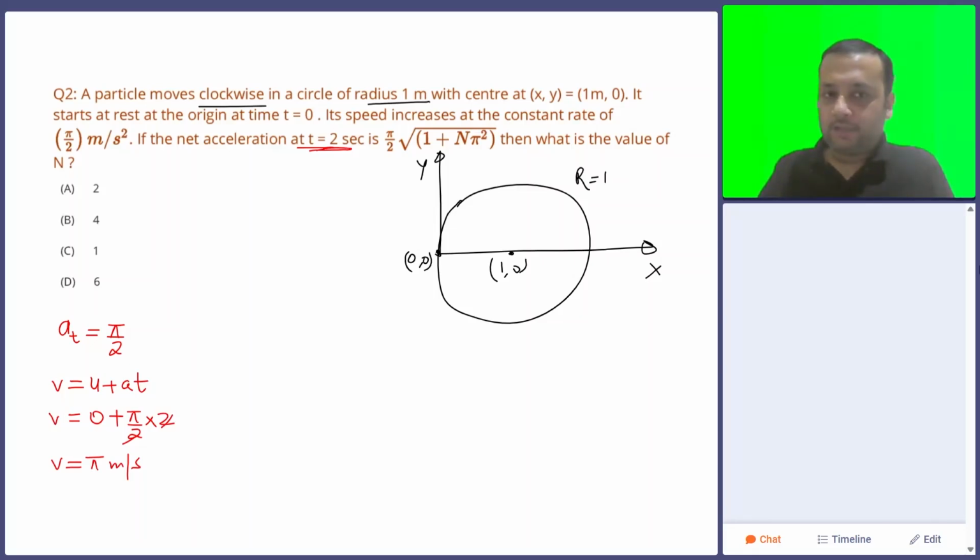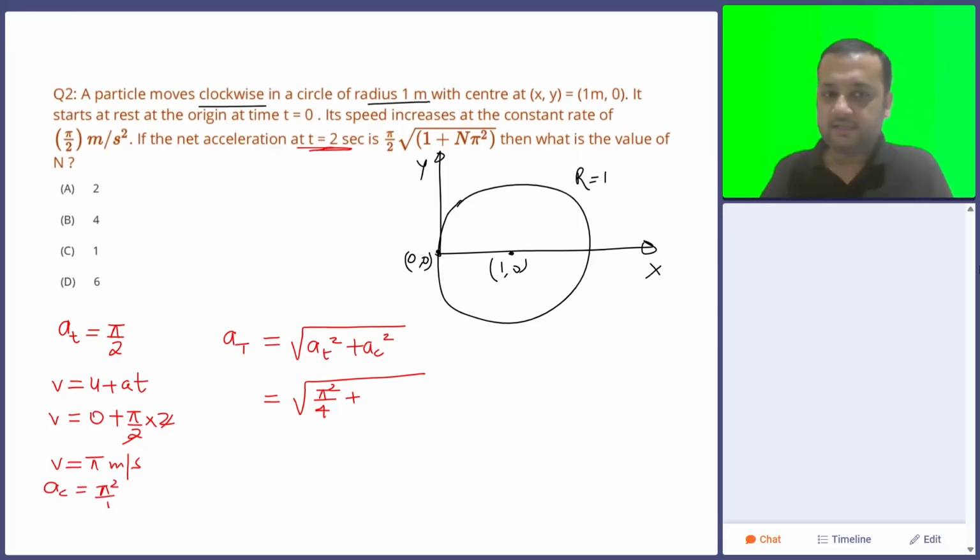Now the total acceleration, you know, is the under root of tangential acceleration squared plus centripetal acceleration squared. The tangential acceleration is pi by 2, so that becomes pi square by 4. Centripetal acceleration is v square by r, that means pi square by 1.